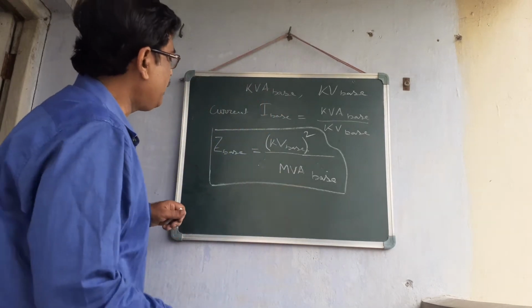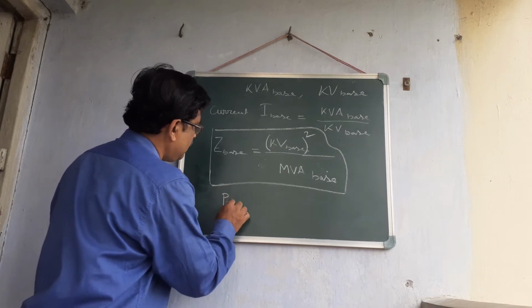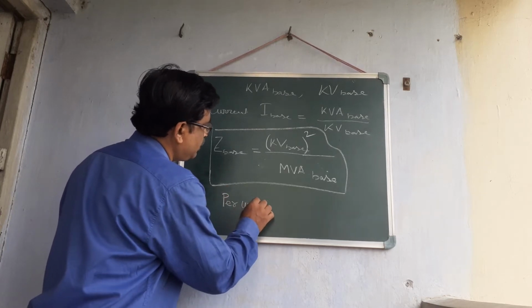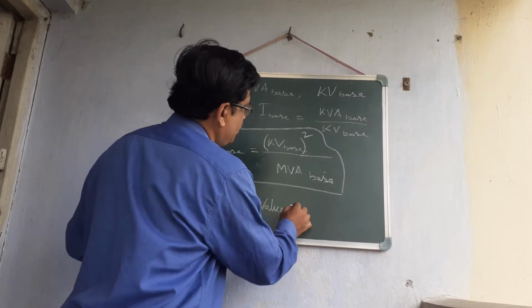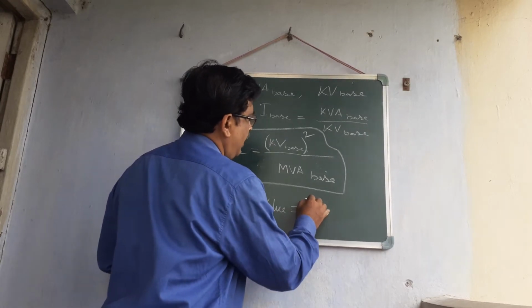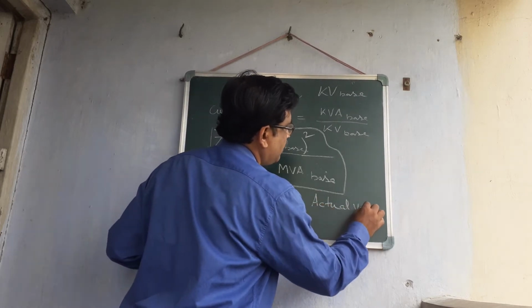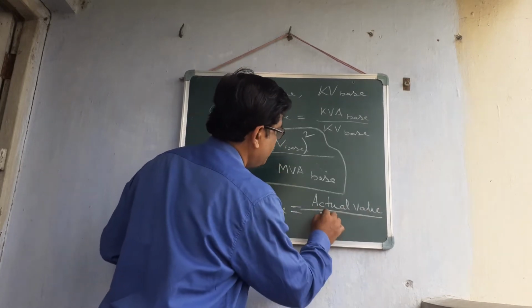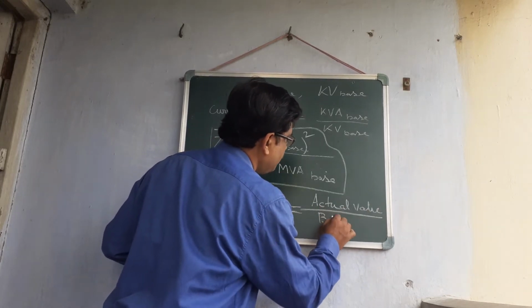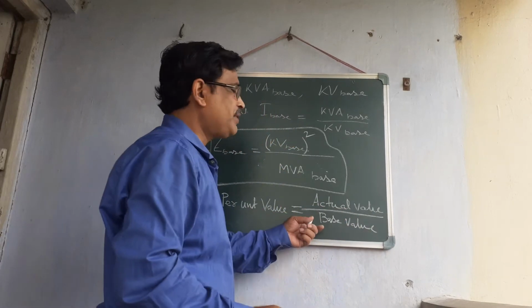Now any per unit value is the ratio of the actual value by the base value of the same quantity.